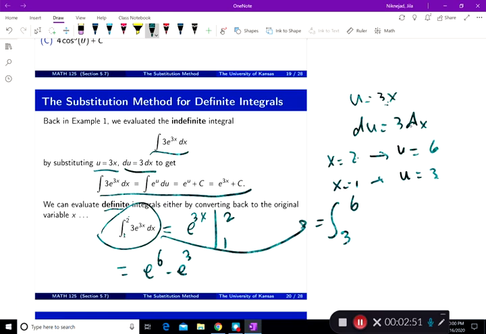What we have is 3dx should be du, and e to the power 3x should be e to the power u. So now I just, like any old integral, I solve it. e to the power u is the antiderivative, and the bounds are 3 and 6. So I get e to the power 6 minus e to the power 3.